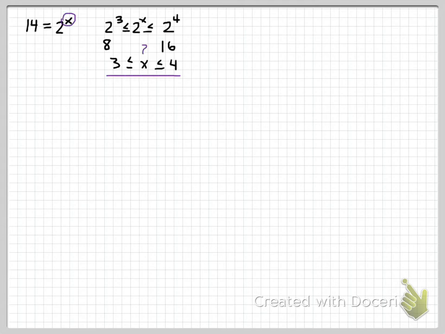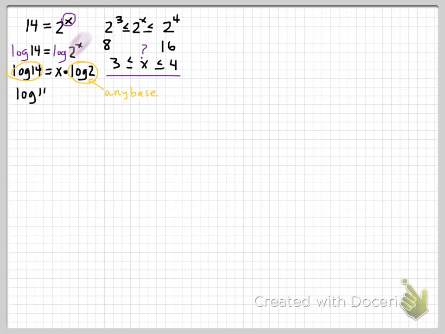So I'm going to go ahead and use that power property, and I'm going to log both sides of this equation, because remember, with an equation, you've got to do it to both sides. That'll let me drop that x down in front and multiply it. And now log of 14 and log of 2, which you can use any base for, I'm just going to use a base of 10.